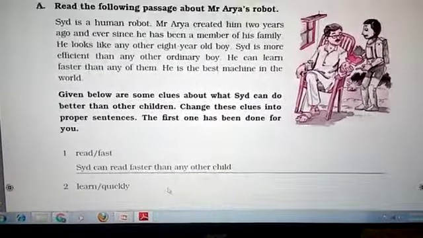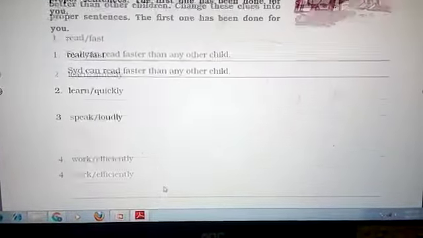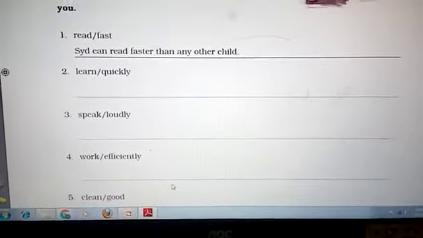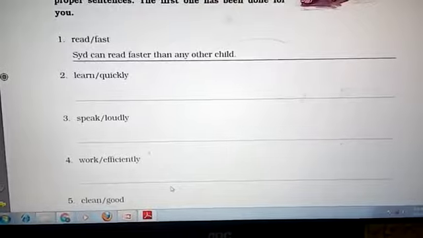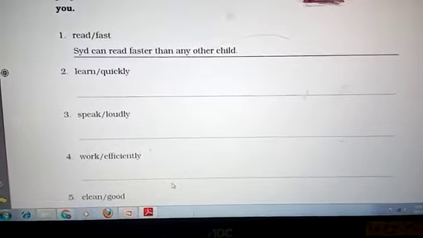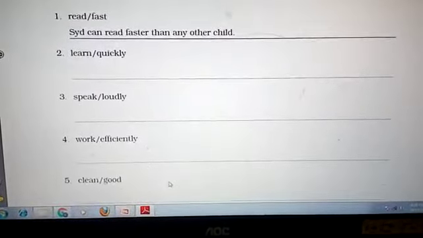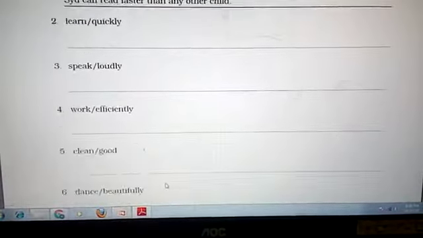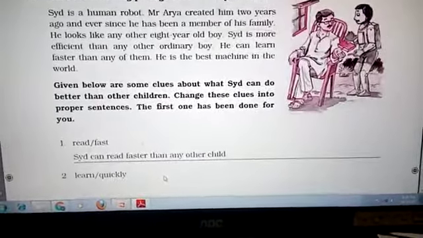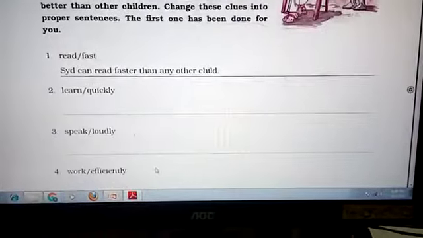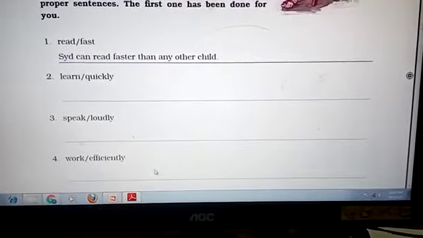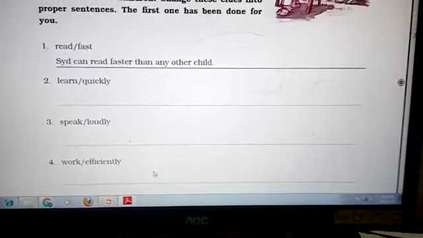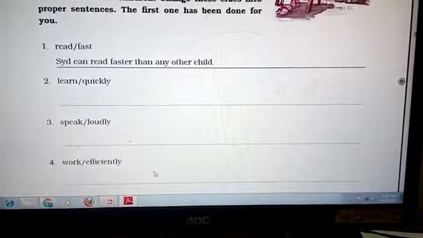So one thing I would draw your attention to here: faster, quicker, louder, more efficiently, better, more beautifully, these are the words used in these sentences, which are adjectives and the changed form of the adjective.